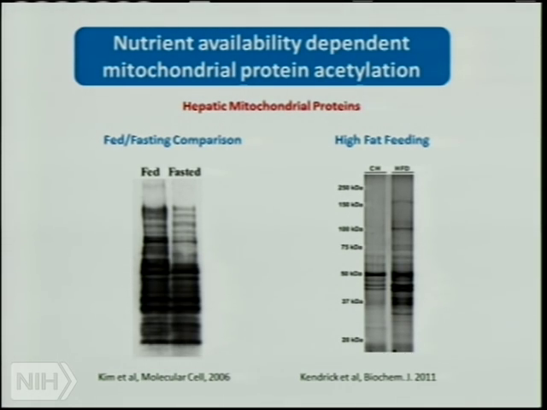And this is a study from our lab showing that if you look at a chow diet versus a high-fat diet, also in the liver, there's increased mitochondrial protein acetylation in response to nutrient overload or high fat.